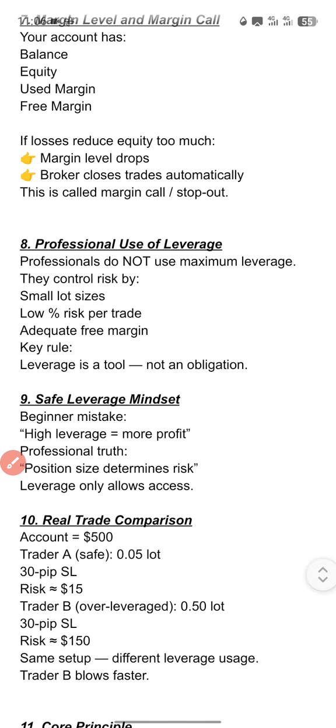Now professionals use leverage, but professionals do not use maximum leverage. They control risk by small lot sizes, low percentage risk per trade, and adequate free margin usage. And the key rule is leverage is a tool, it's not an obligation.